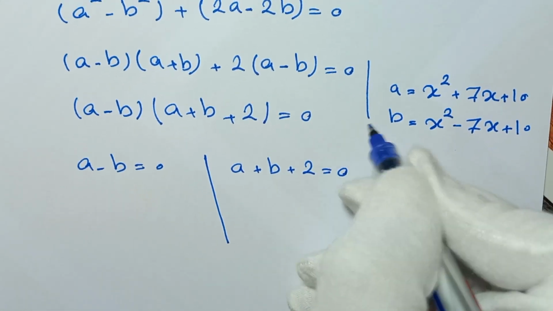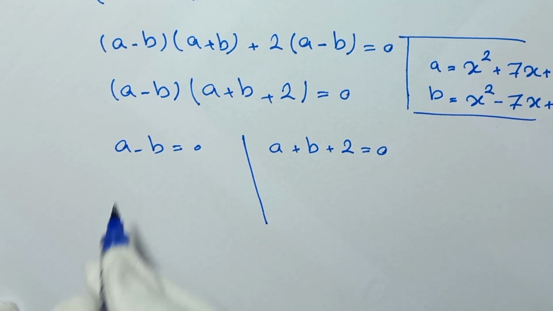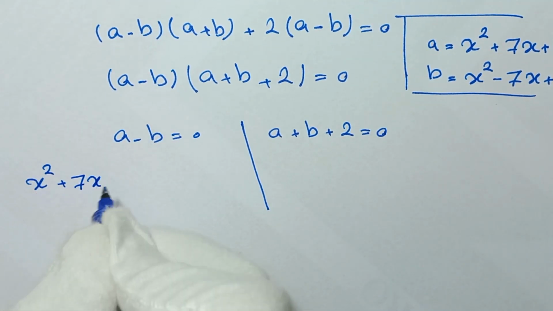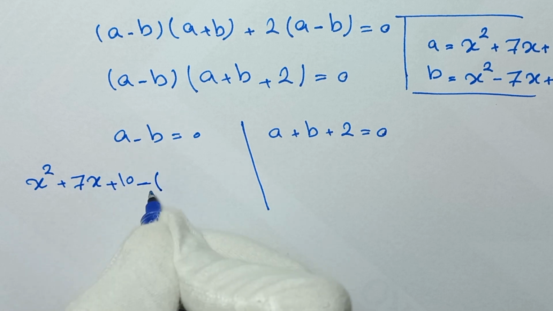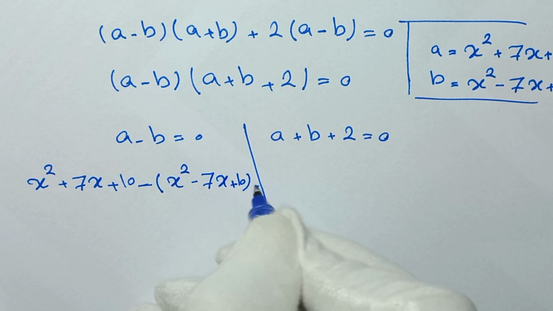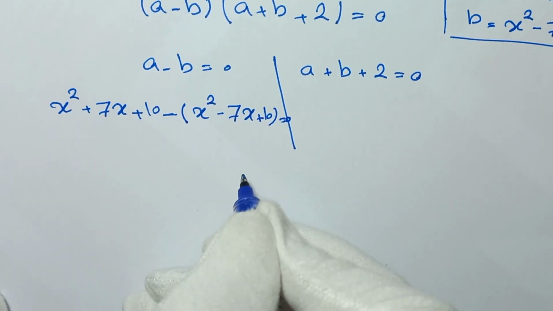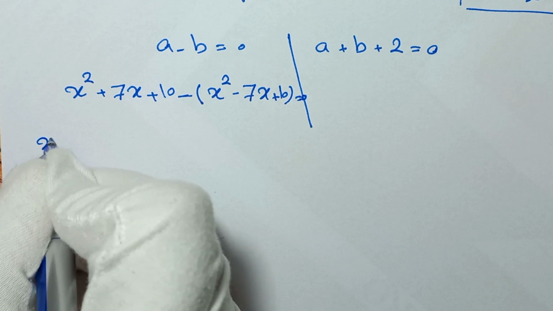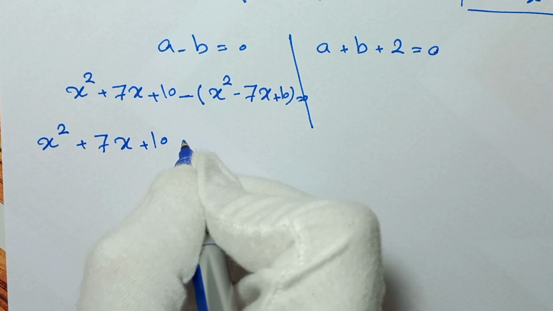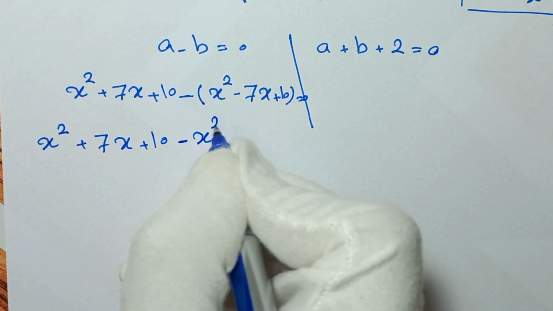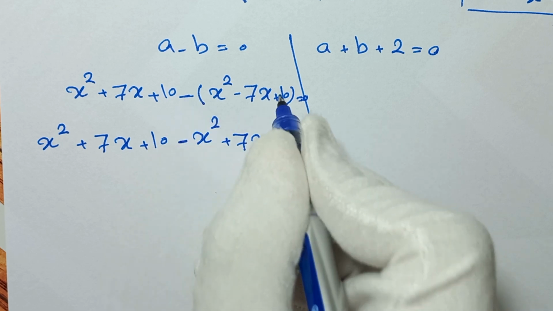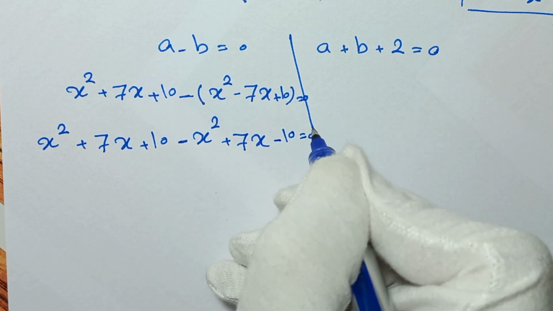So in here a minus b, a is x squared plus 7x plus 10 and minus b, b is x squared minus 7x plus 10 equals 0, right? So it will be x squared plus 7x plus 10 and minus x squared. In here negative times negative 7x will be positive 7x, and negative times 10 will be negative 10 equals 0.